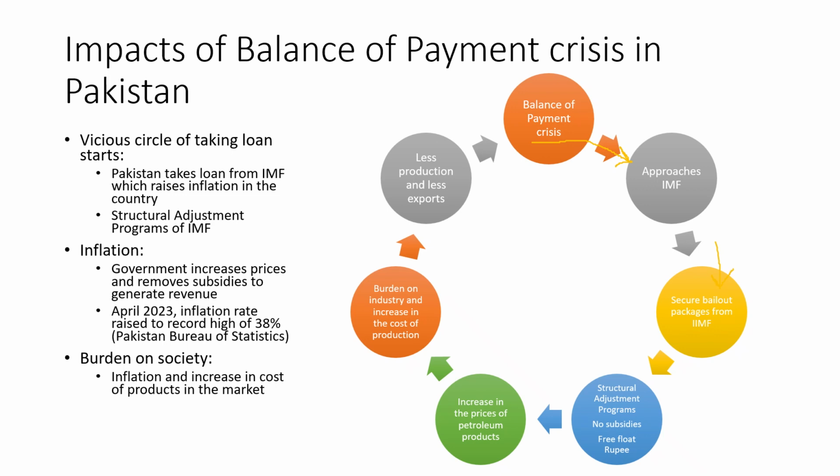But things like a free lunch do not exist in the world. We all know this. There is definitely a price of this bailout package from the IMF. The IMF imposes its restrictions. The IMF gives some structural adjustment programs. There are some restrictions and conditions of the IMF.